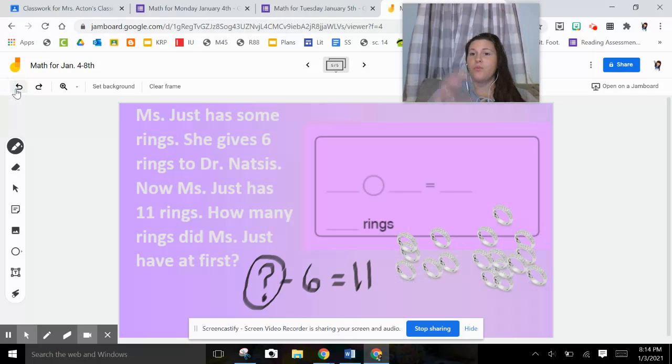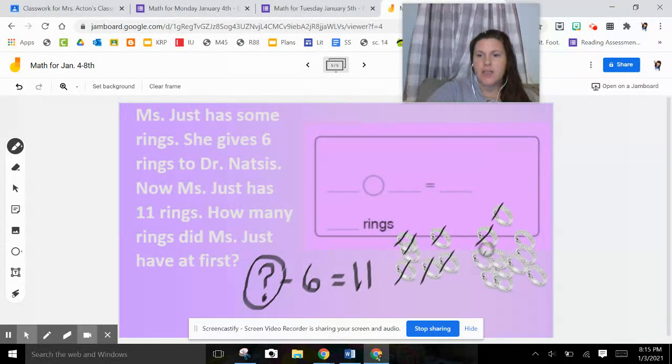If you combine the ones that she has left plus the ones she gave to Dr. Natsis, that'll give you your number. So all you have to do is count all these together. 1, 2, 3, 4, 5, 6, 7, 8, 9, 10, 11, 12, 13, 14, 15, 16, 17. We have 17 rings. That means that she started off with 17 rings.